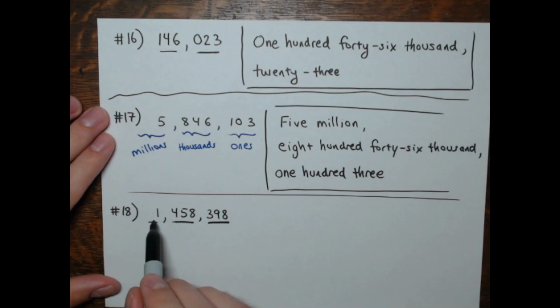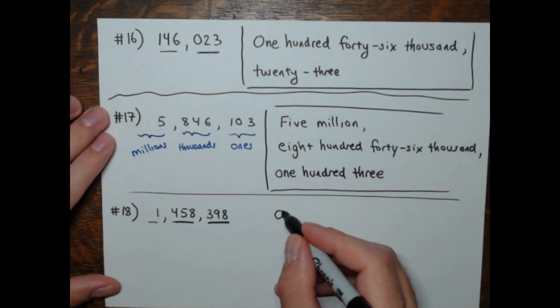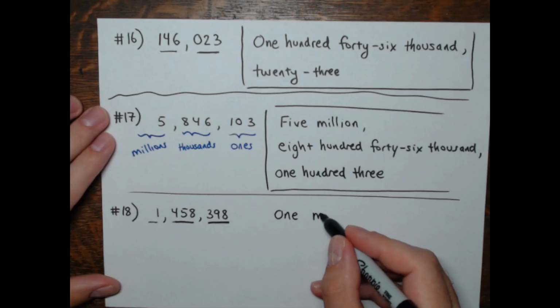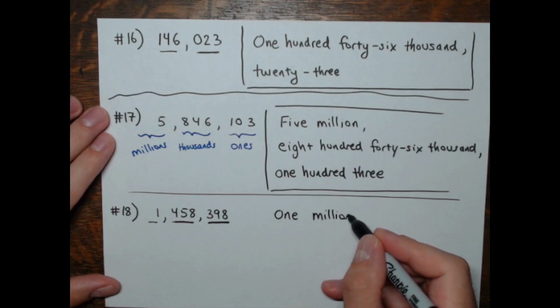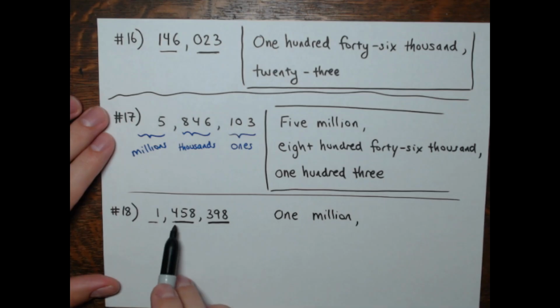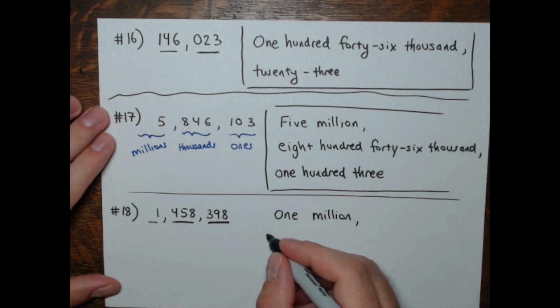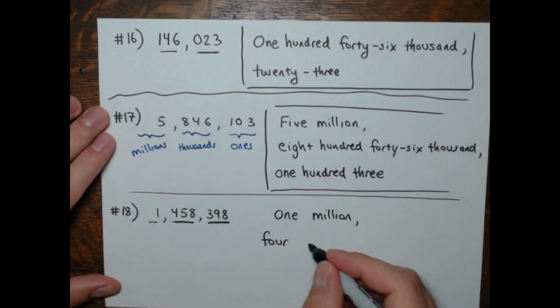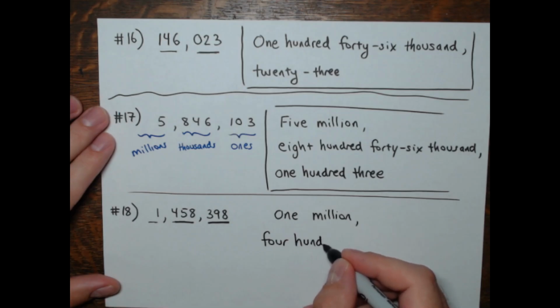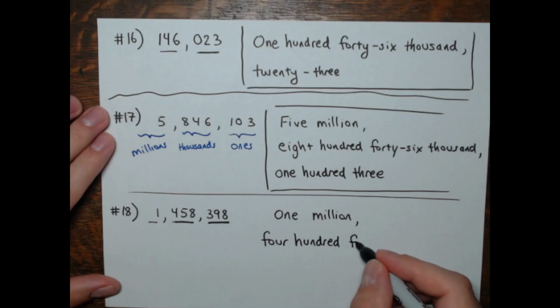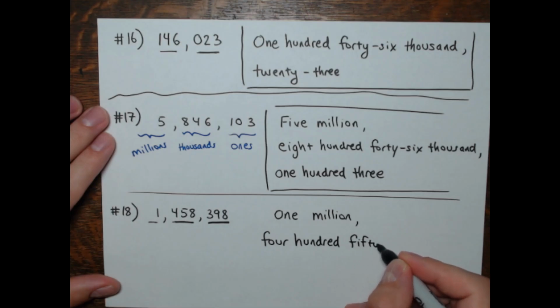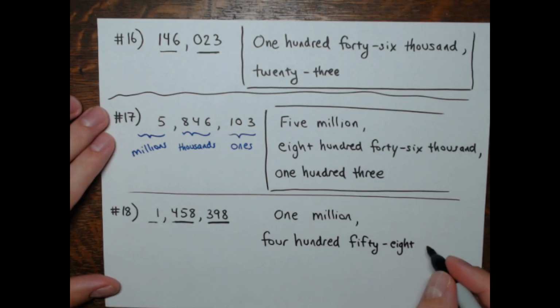Right? So the millions period, there's just one. 1,000,000, comma. Then the thousands period, 458 with the hyphen. 458, and that's in the thousands period, right?